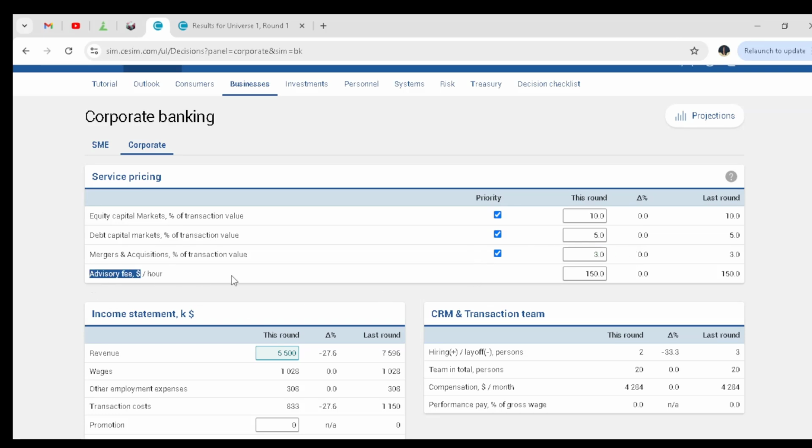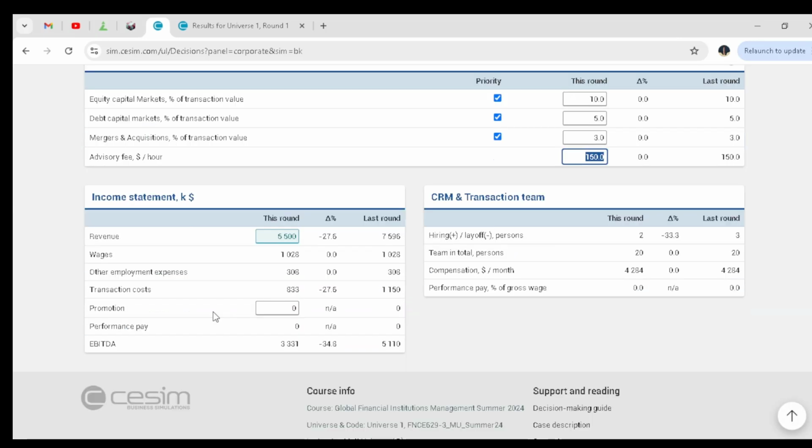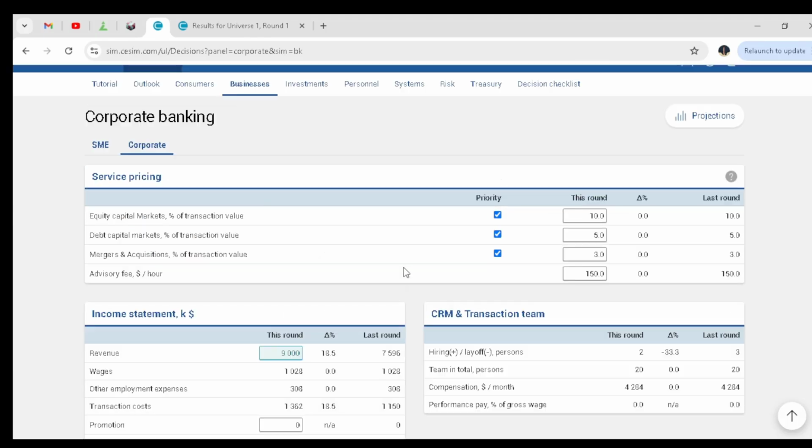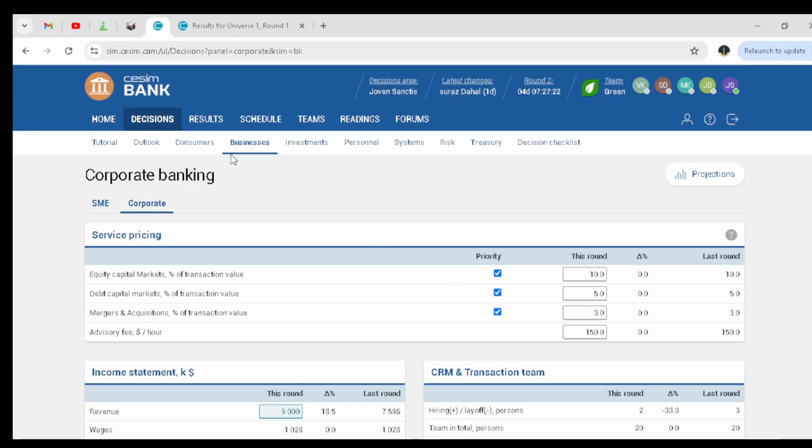Advisory fee, we're going to maintain it at 150. And then down here for the revenue, we are going to make it something around 9,000. And for the promotion, just 0. So after that, that's all about the business department.